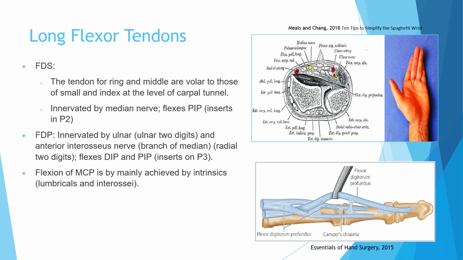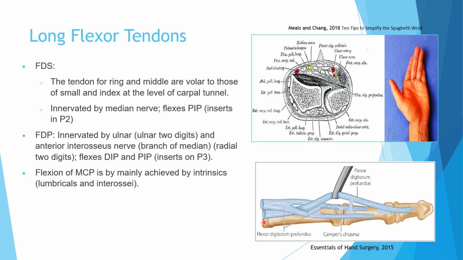The flexor digitorum profundus is deeper than the flexor digitorum superficialis, as the name says. It will give tendons much more distal than the flexor digitorum superficialis, and it will go in between the two slips of the flexor digitorum superficialis. It will insert into P3, and it will act on the DIP, the distal interphalangeal joint.